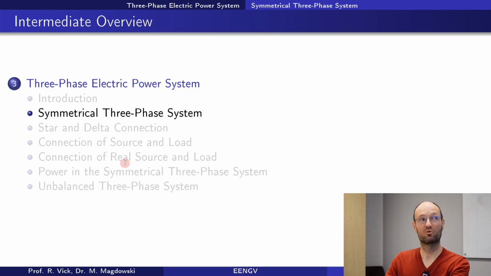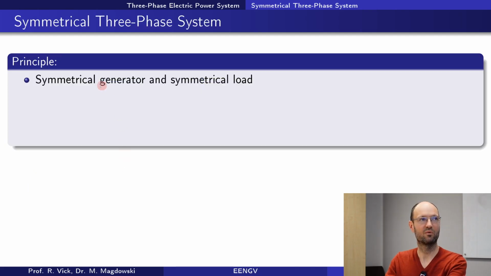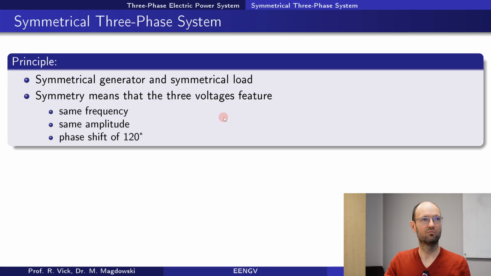This is what we call a symmetrical 3-phase system: a symmetrical generator and a symmetrical load, where all the resistors or inductors, for example, are the same. The 3 voltages feature the same frequency, the same amplitude, and a phase shift against each other of 120 degrees.